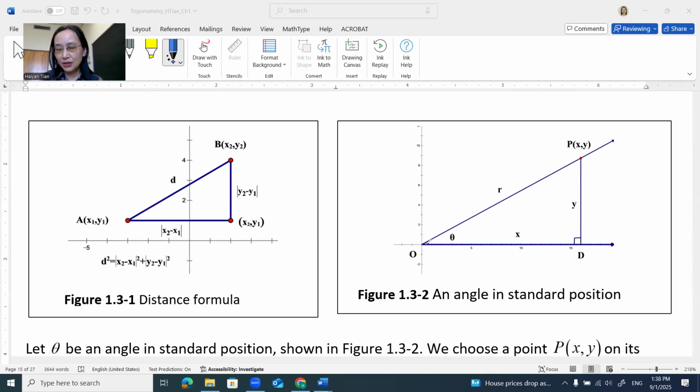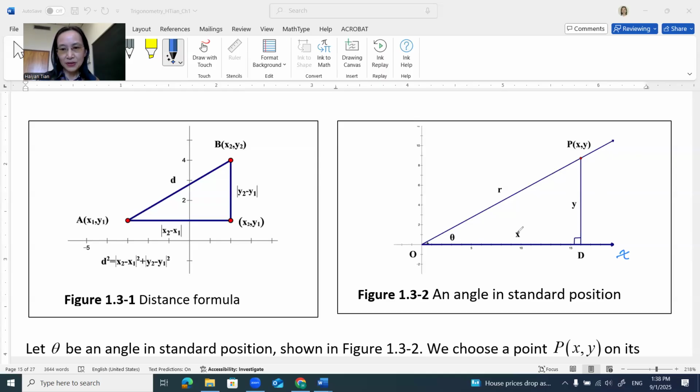Just think of our angle: the vertex of the angle is at the origin, and the initial side coincides with the positive x-axis. Then this angle is in standard position. If the terminal side of the angle falls in the first quadrant, we say the angle is in the first quadrant.